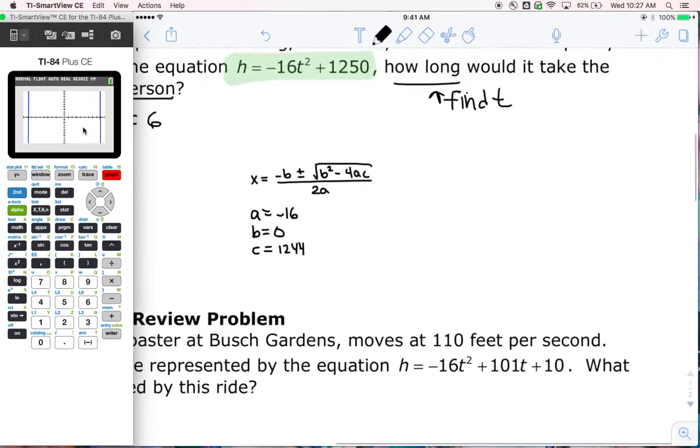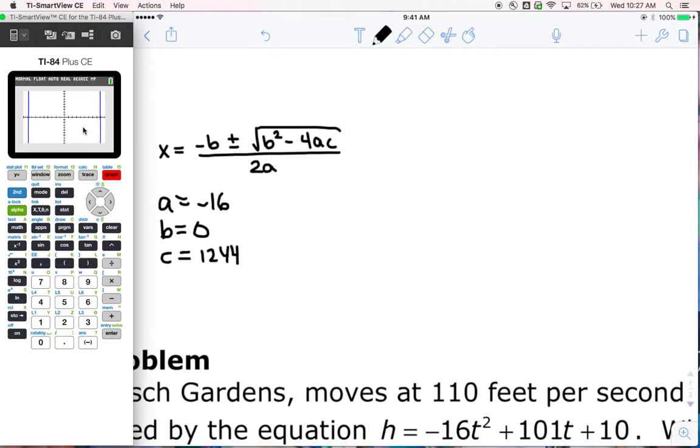All right, so all we got to do here is plug these numbers in. First things first, we have negative b. My b value here is 0. So we have negative 0 plus or minus the square root of 0 squared, minus 4 times a.